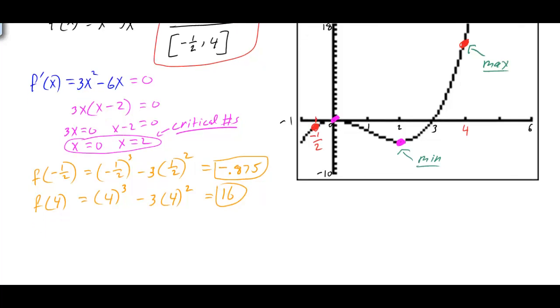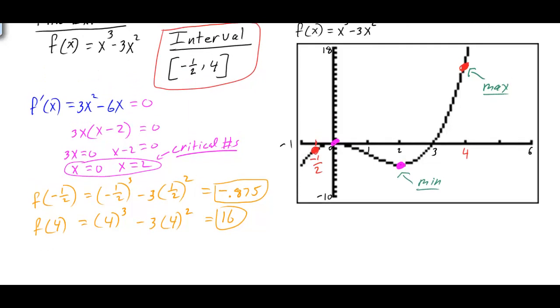And now we want to evaluate our critical numbers that we found when we set the derivative equal to 0. We had x equals 0 and x equals 2. So we're going to plug both 0 and 2 into the original function. f of 0 gives us 0 cubed minus 3 times 0 squared, which is 0.